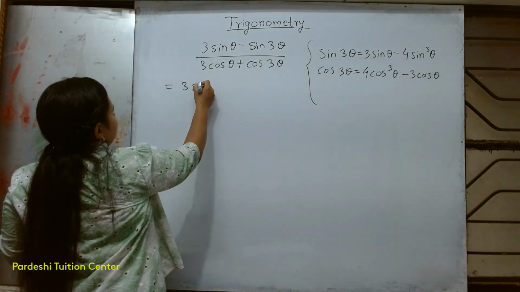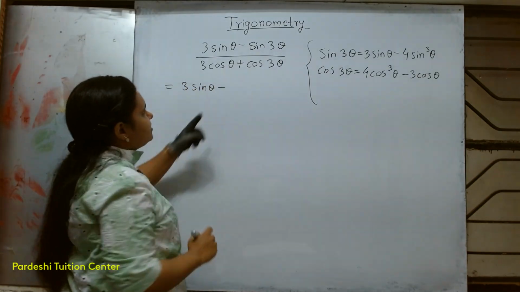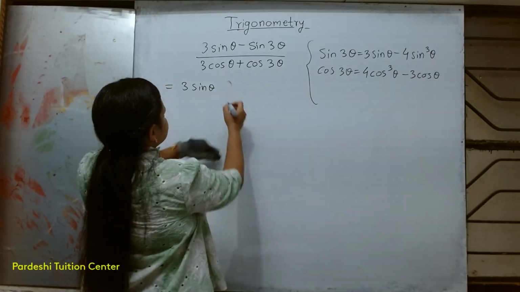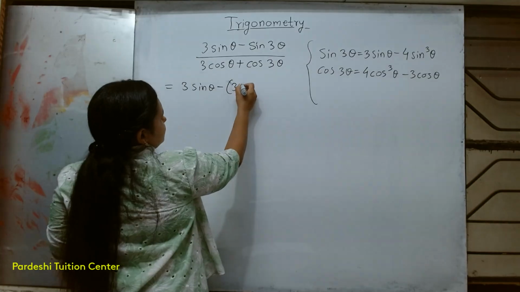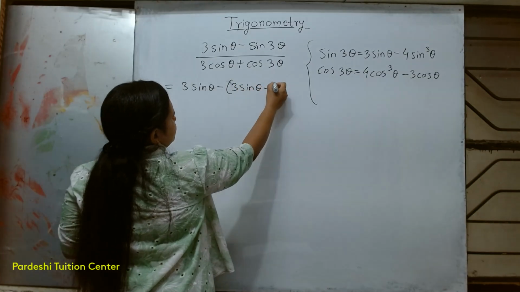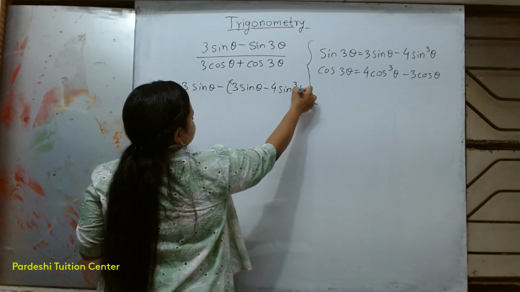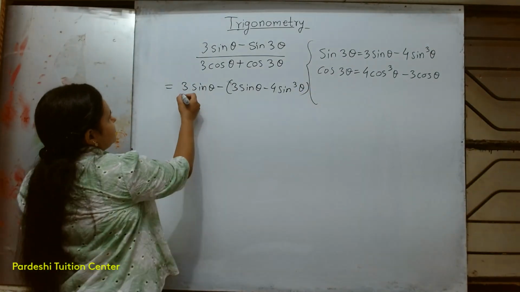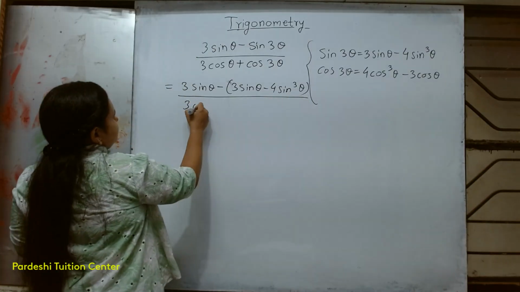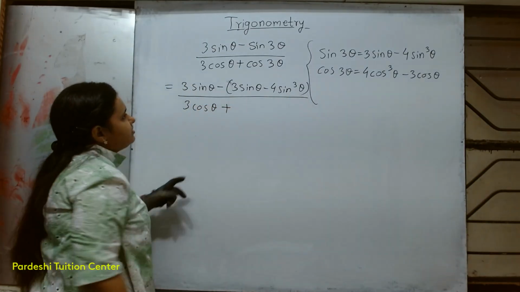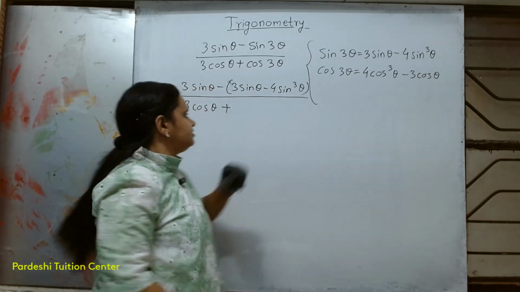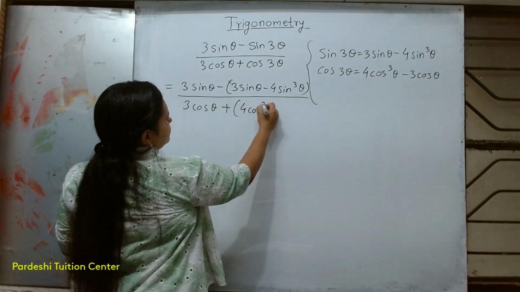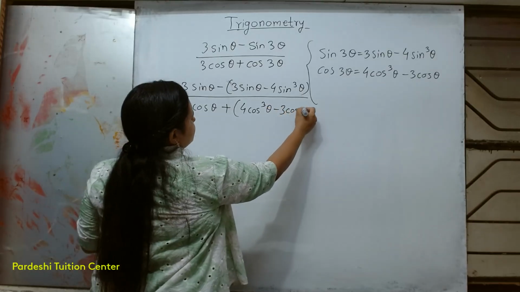So it will be 3 sin theta will remain as it is, minus sin 3 theta, whose value is (3 sin theta minus 4 sin cube theta), upon 3 cos theta plus, now the value of cos 3 theta is this one, so we will write in brackets (4 cos cube theta minus 3 cos theta).